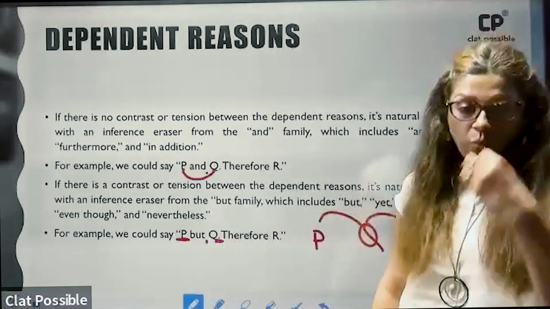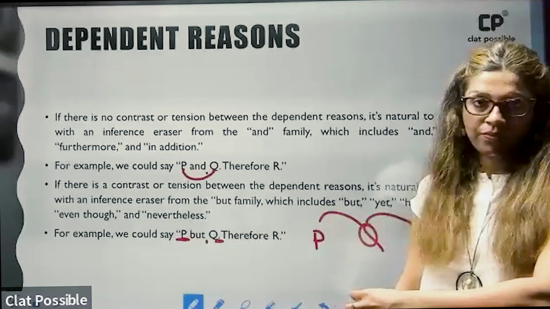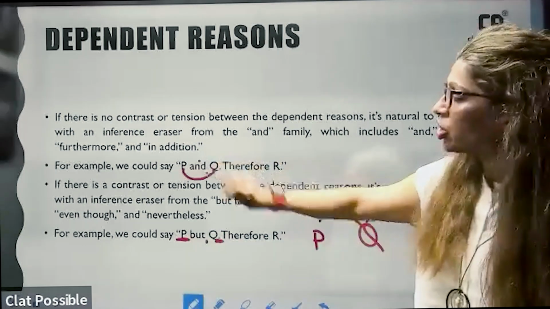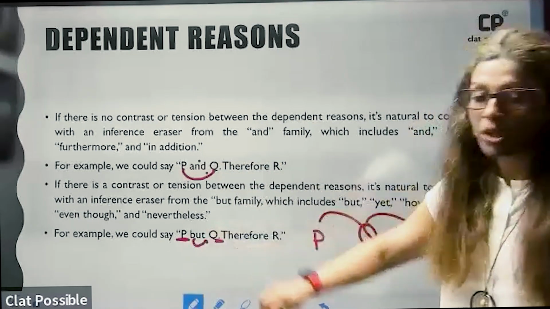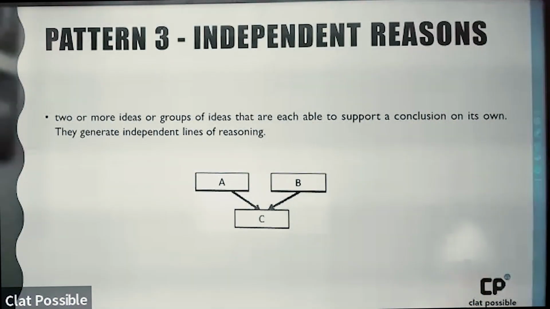The idea is one alone can do nothing. So they can be in a relationship of and, or they can be in a relationship of but. So dependent means both are together. Independent means both are good enough for the conclusion. It's not as if A needs B. But yes, the presence of B strengthens it.